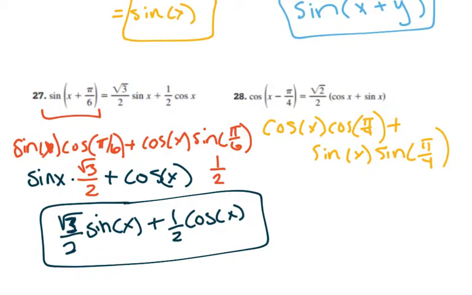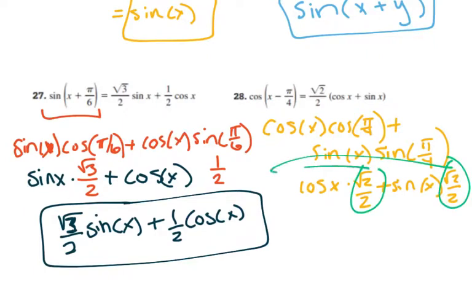So we've got cosine of x times square root of 2 over 2 plus sine of x times square root of 2 over 2. And so we're going to take that square root of 2 over 2 out front. And so we have square root of 2 over 2, and then our leftovers of cosine x plus sine x.